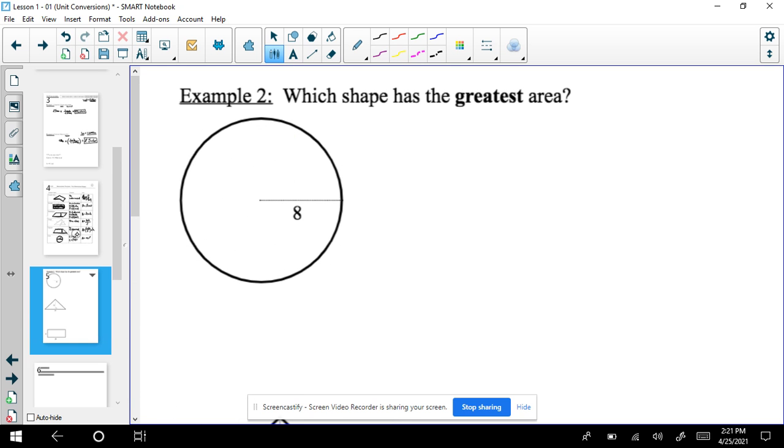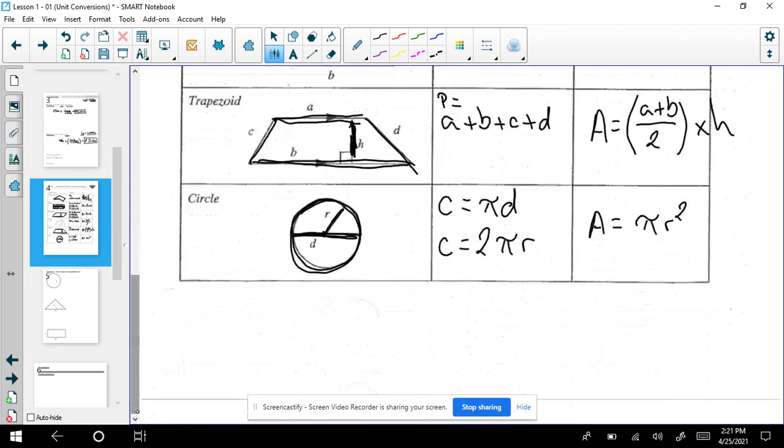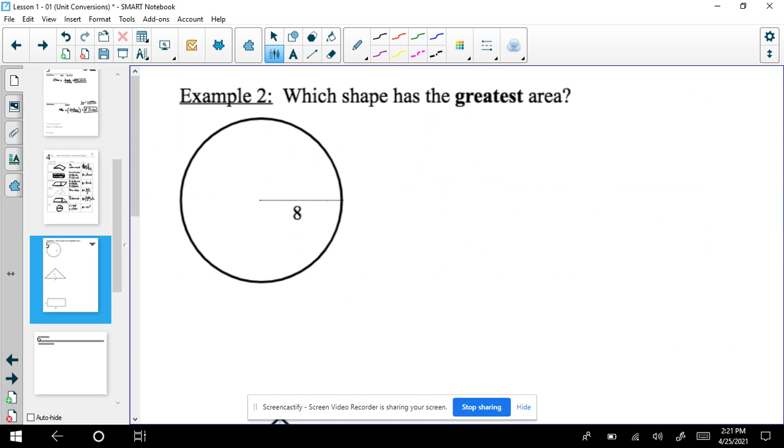So for a circle, I'm going to slide back up here and take a look at what my area equation was. My area equation is pi r squared. So my area equals pi r squared, right? That's our equation. So the one thing that I need to input would be my r, right?